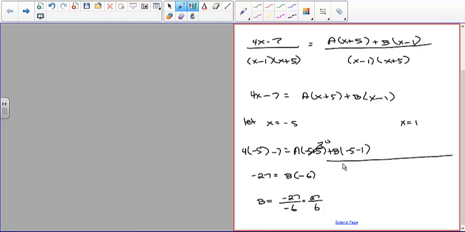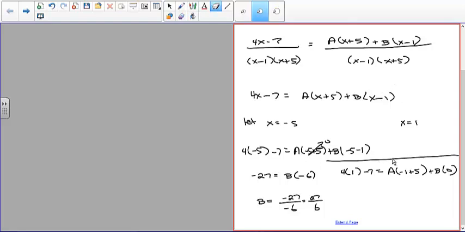Okay, and then I'm going to do this one here. So if we let x equal 1, I'm just going to write 0 out. And actually, it's not when x equals 1, not negative 1.